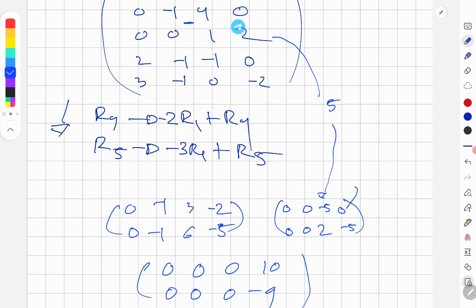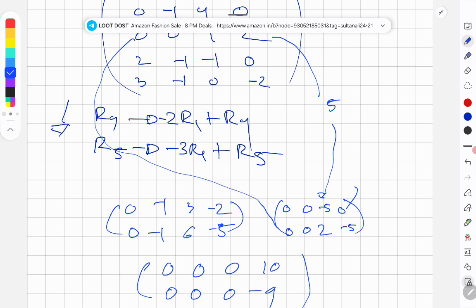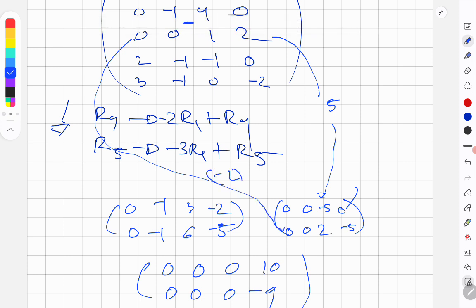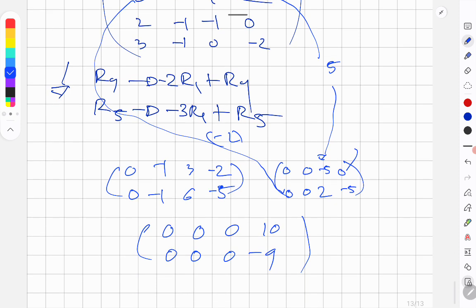Then for this case, you want to have this minus 5 to be 0. Okay, that's clear. So then we have this 0 and that one is 10.